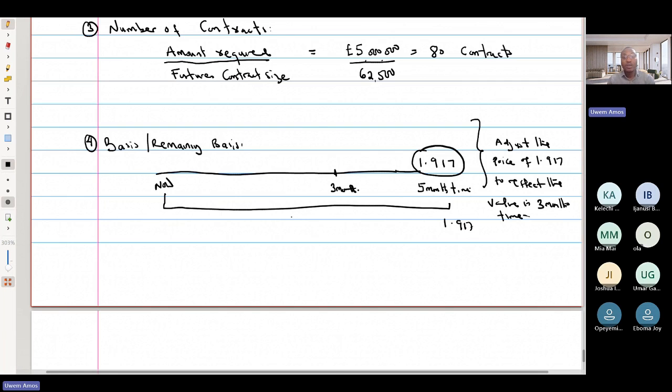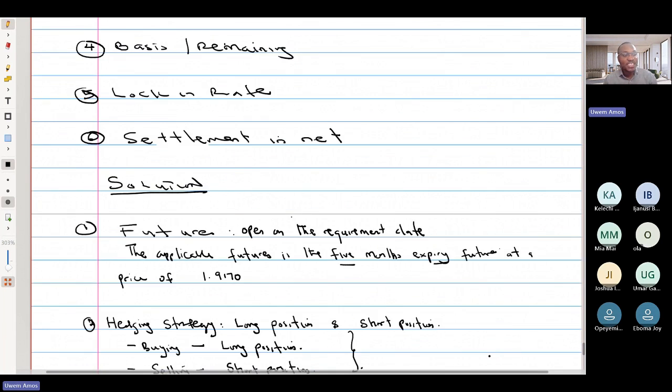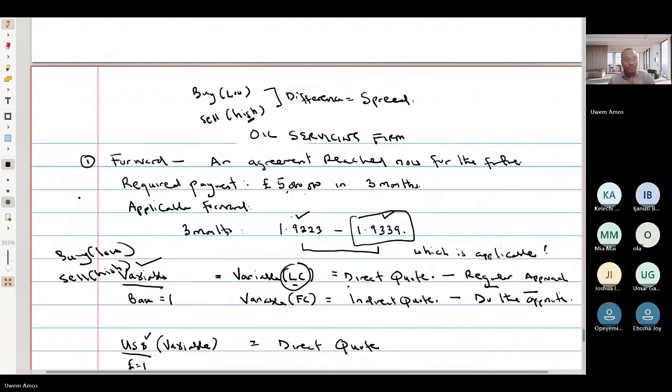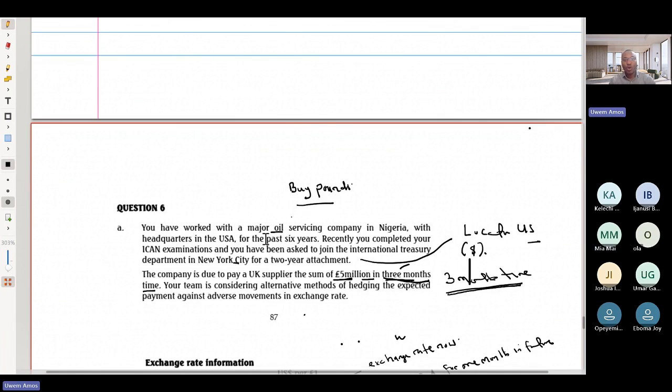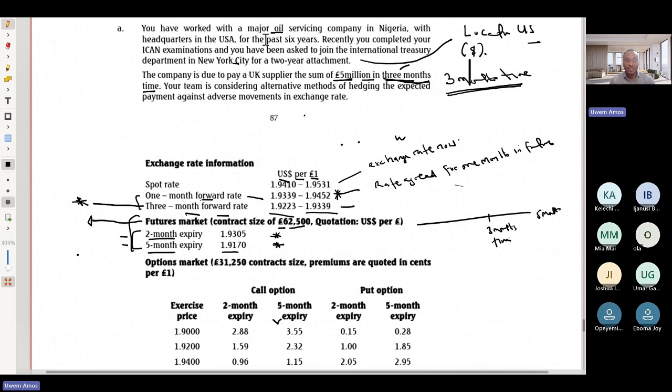So what is the rate now? The rate now is what we call the spot rate. So the spot rate, the rate right now, is 1.9410 to 1.9531.